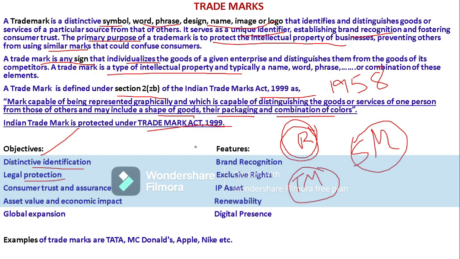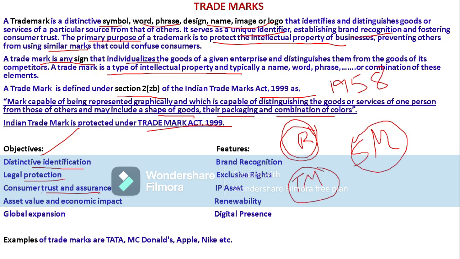Next, consumer trust and assurance. Trademarks play a crucial role in building and maintaining consumer trust. A well-established trademark signifies consistent quality and reliability, creating positive association in the minds of consumers.